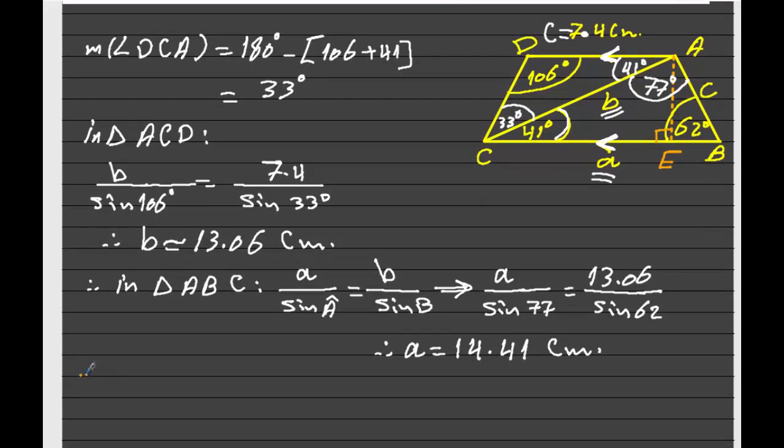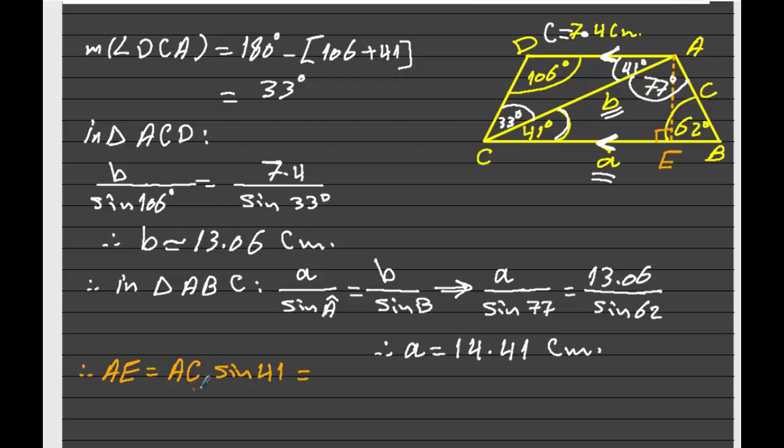Such that AE equals B sine 41, which equals AC sine 41.